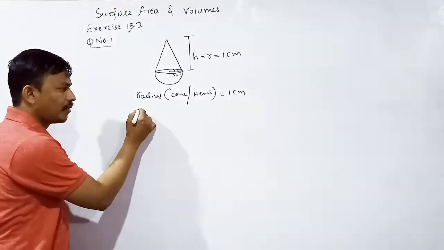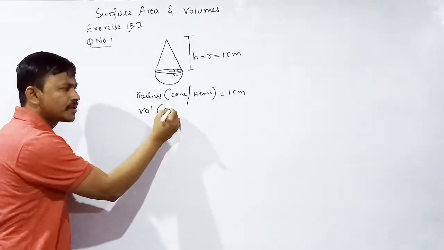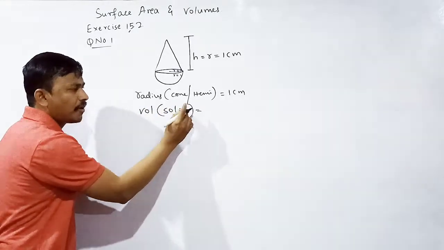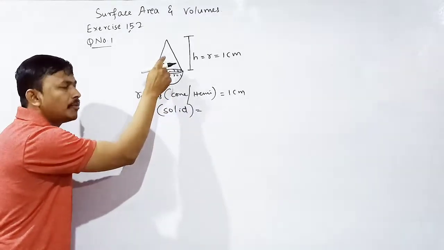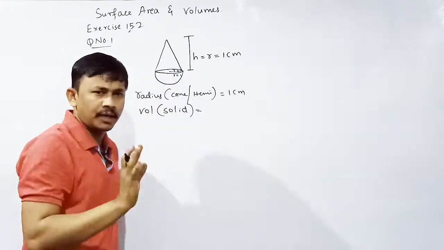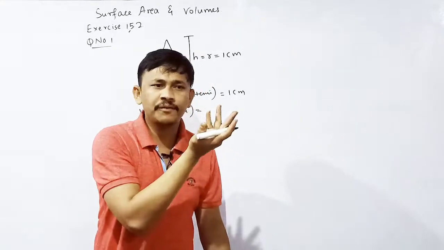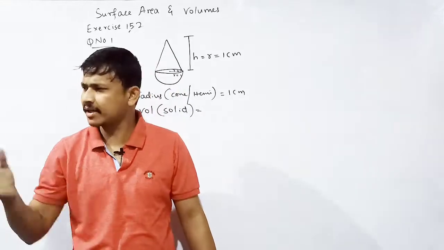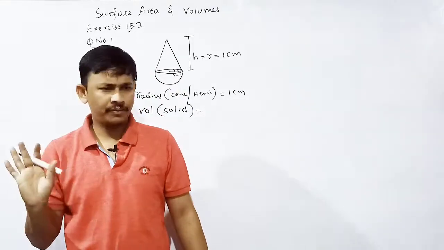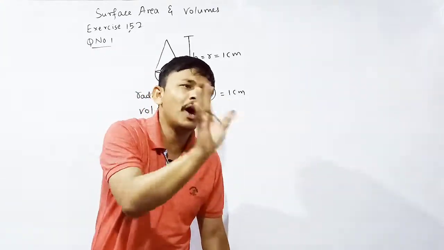We need to find out the volume of the solid. Volume of solid is nothing but volume of hemisphere plus volume of cone. Here we cannot take outer surfaces, inner surfaces, total surfaces, lateral surfaces, curved surfaces. No. We have to take only the volumes.